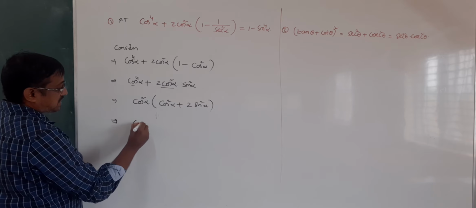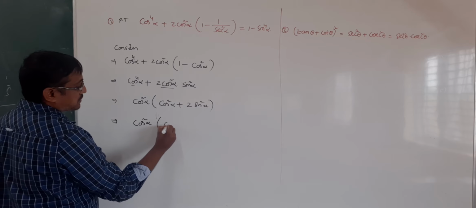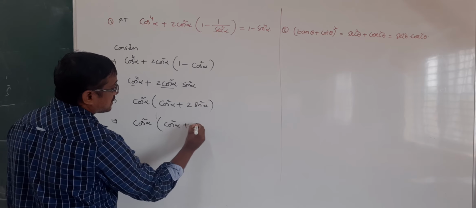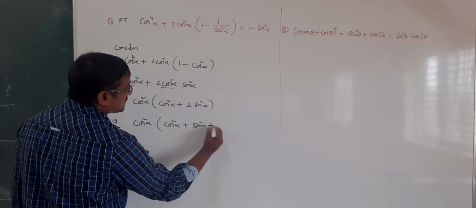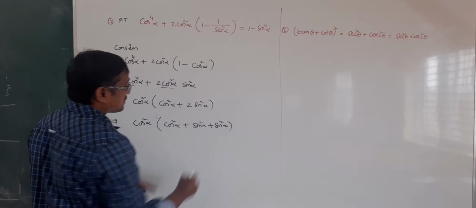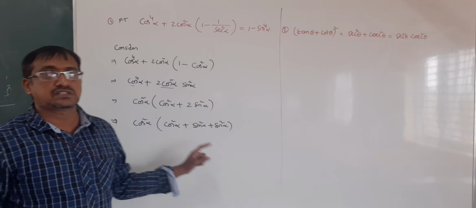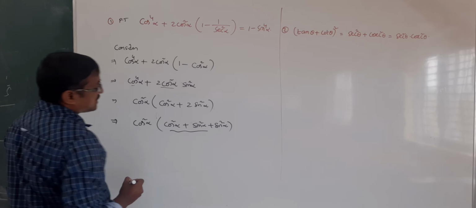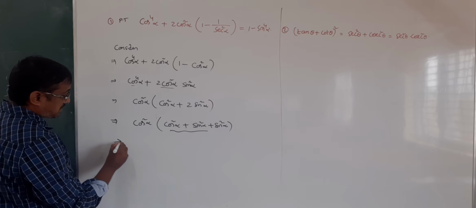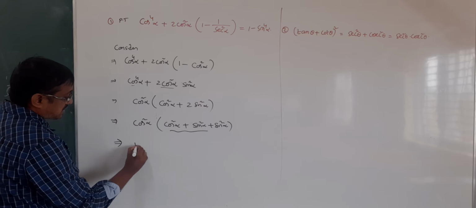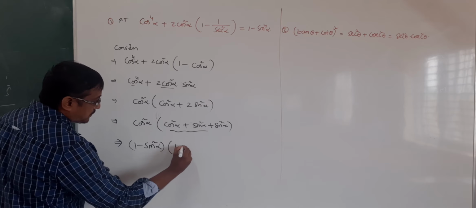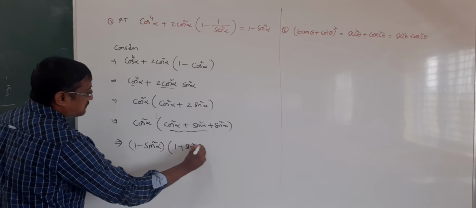Now this can be written as cos square alpha plus sin square alpha plus sin square alpha, since 2 sin square alpha is sin square alpha plus sin square alpha. You have cos square alpha plus sin square alpha is 1, and cos square alpha can be written as 1 minus sin square alpha, into 1 plus sin square alpha.